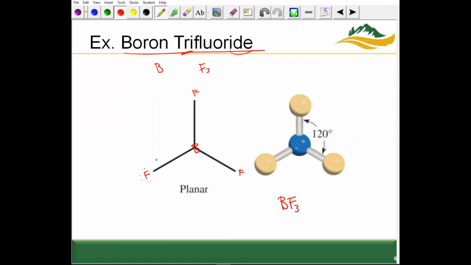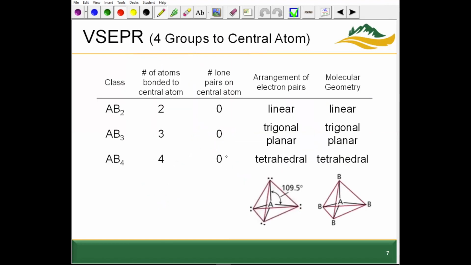Fluorines are coming in with 7 valence electrons, so we know we'll see those lone pairs around the fluorine atoms. So trigonal planar, 120 degrees separates this fluorine atom from this fluorine atom from this fluorine atom as well. Next, again, notice we're not looking at any lone pairs off the central atom, just bonds from the central atom.